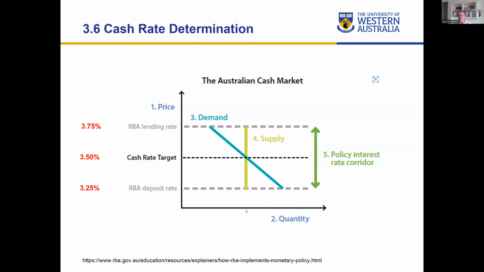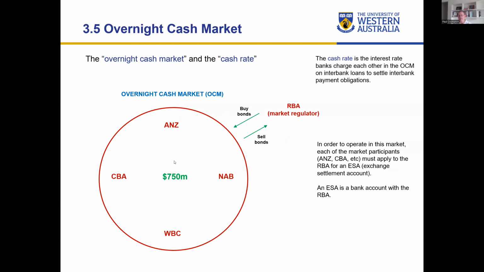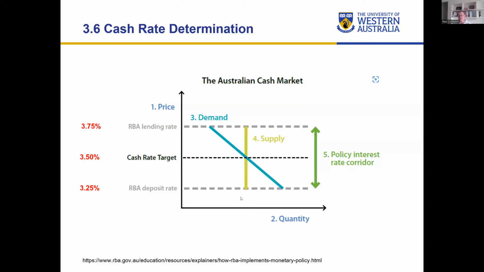So 750 million on the horizontal. That matches the 750 million here. So that line is vertical at 750 million. If they started decreasing the supply of money in this market, this diagram suggests that equilibrium between demand and supply would start moving up this demand curve, and cash rate would start rising above the target.